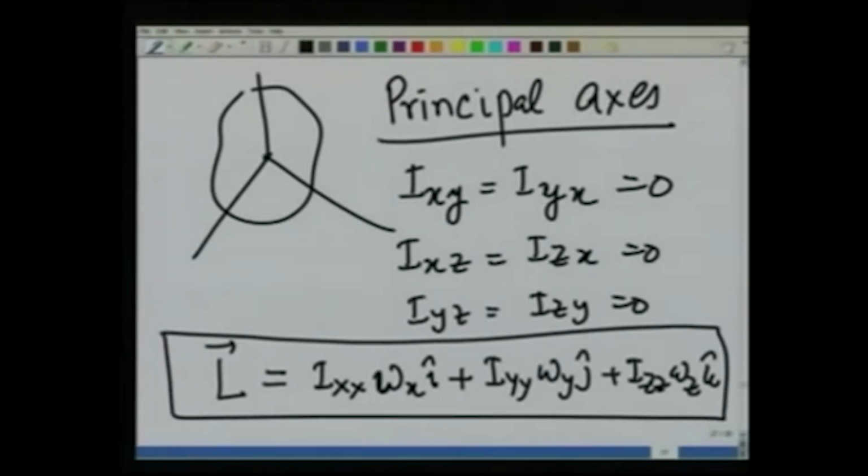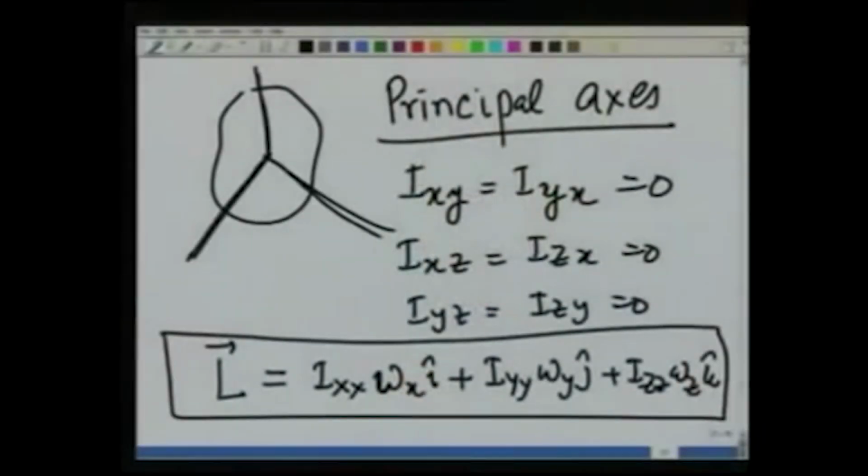For any rigid body at any point, I can find a set of axes which are obviously oriented in a certain way about the body. So, they are very specific to the body and attached to the body, so that the off diagonal elements of the moment of inertia tensor are 0 and L assumes a very simple form like this.